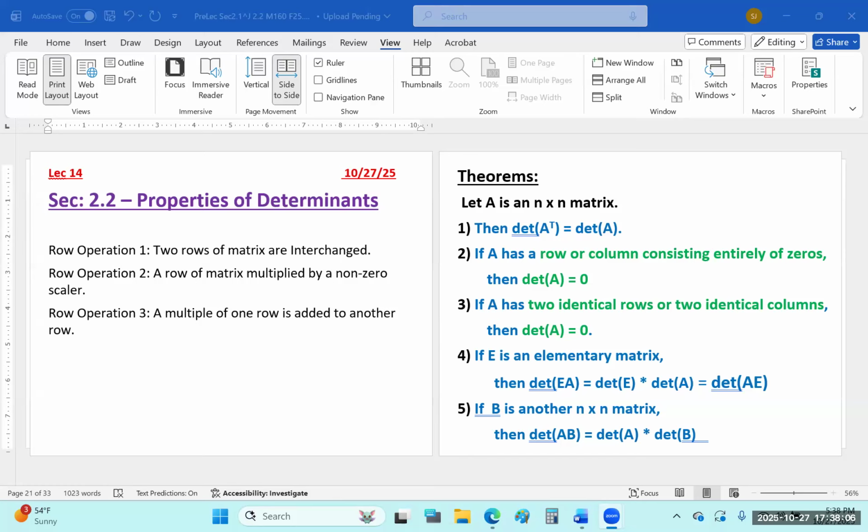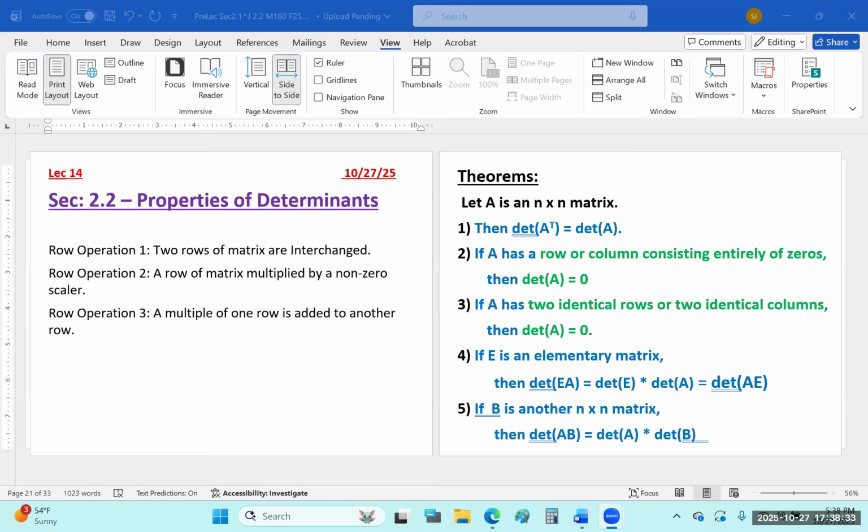Now, the next three new properties. The determinant of A transpose is the same as the determinant of A. So if you know A transpose, just find the determinant of A transpose; you don't have to switch back to find A. Now, about multiplication, if you are multiplying A with an elementary matrix, any type of elementary matrix, either on the left or right, it doesn't matter.